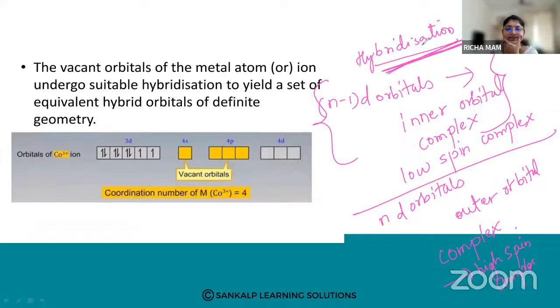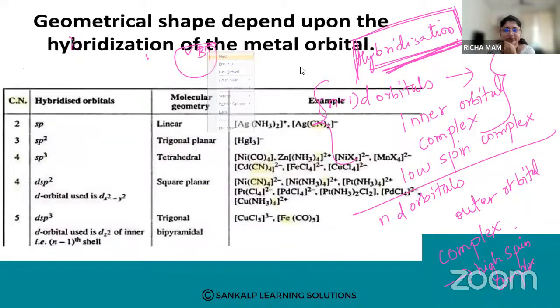Now let me recall what is happening in VBT, and let me explain it once more in short.